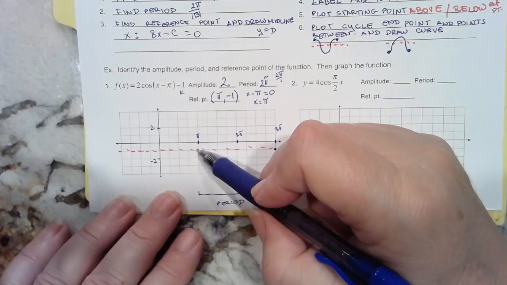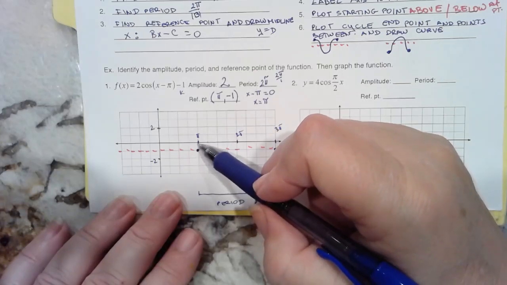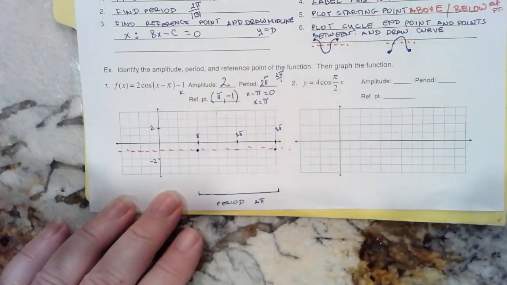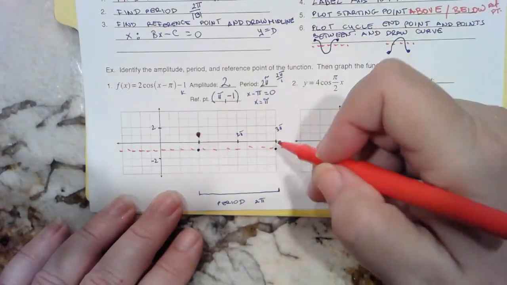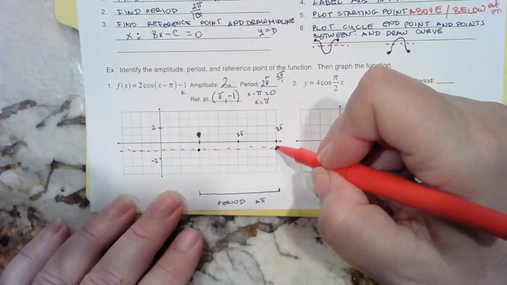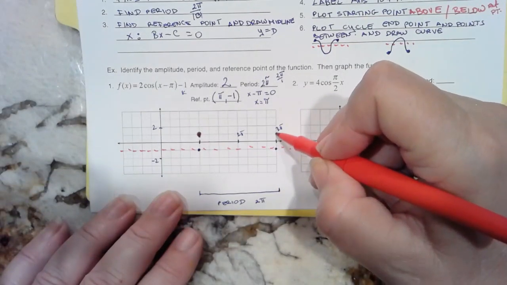Okay, so the first thing is I'm going to count from my midline. I'm going to count my amplitude 2. So 1, 2. I'll do this in a different color. So here's my starting point, and in the end, 1, 2. So you're going to end here as well.